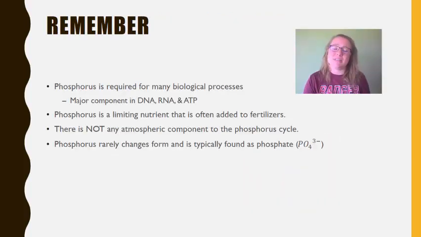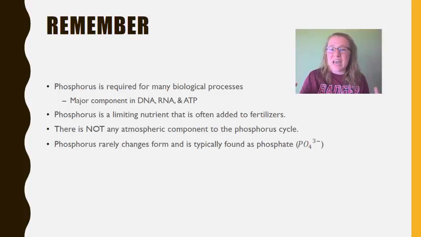A few key pieces about the phosphorus cycle to keep in mind is that phosphorus is required for many biological processes. So it's the main component in your DNA, in your RNA, and in the ATP, which is that energy storing molecule that your cells need. Phosphorus is also a limiting nutrient.